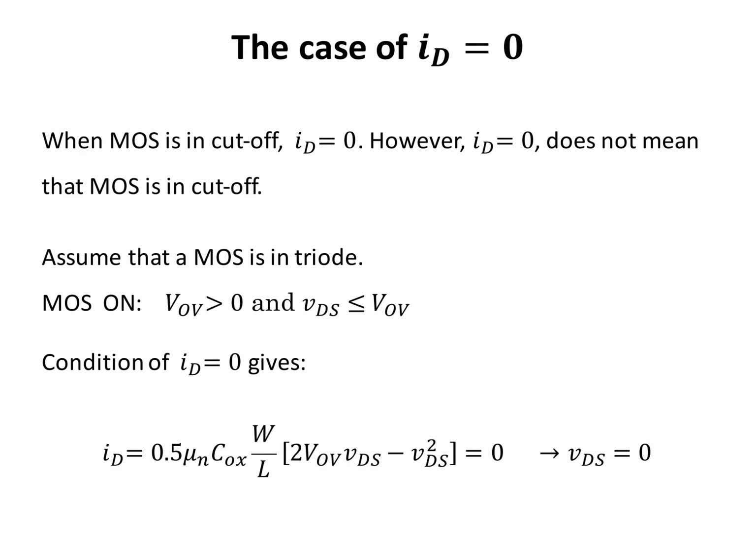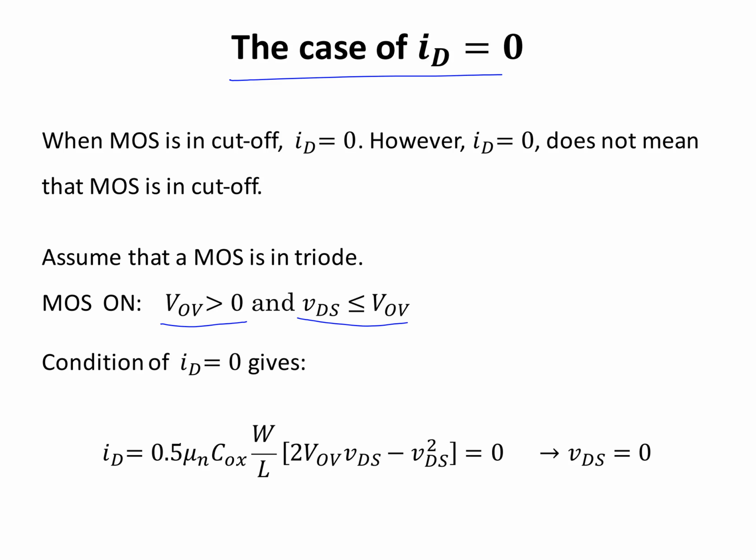Okay, so first let's take a look at one of the important cases of operation of MOSFETs, and that's the case of ID equal to 0. When the MOSFET is in cutoff, we know that ID is equal to 0. However, ID of 0 doesn't necessarily mean that the MOSFET is in the cutoff region. To see that, let's assume that the MOSFET is in the triode region. I know that when the MOSFET is on and in triode, the overdrive voltage is greater than 0 and the drain to source voltage is less than the overdrive voltage.